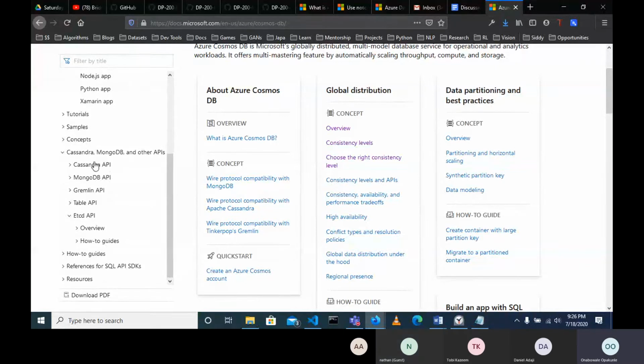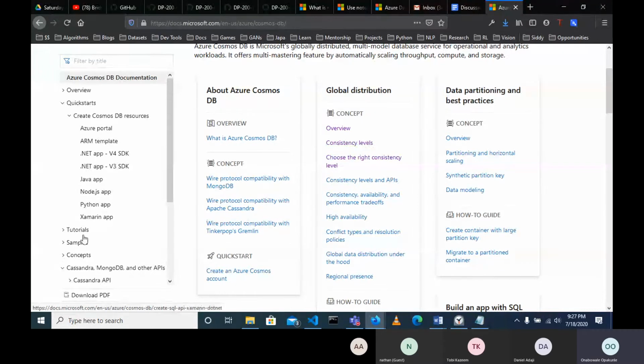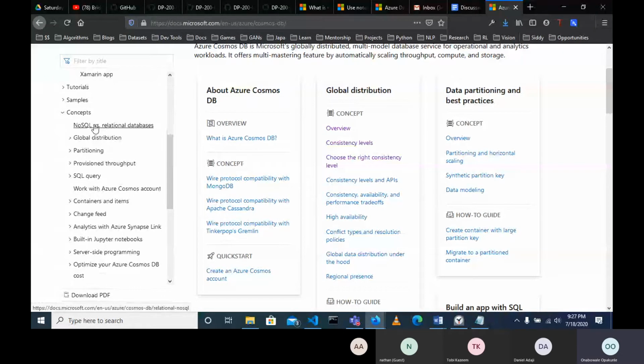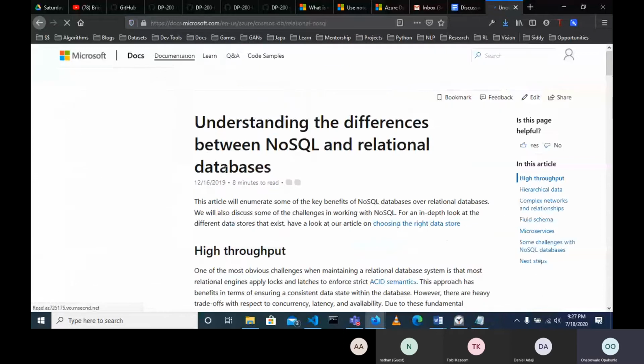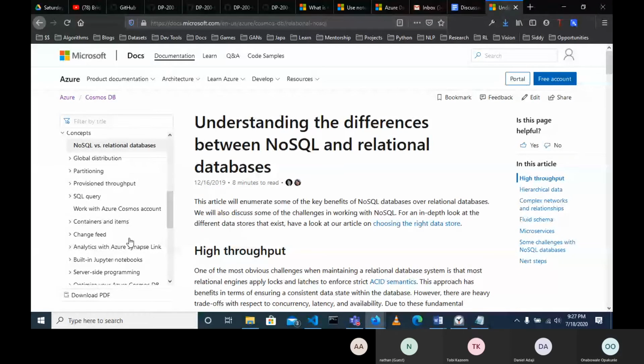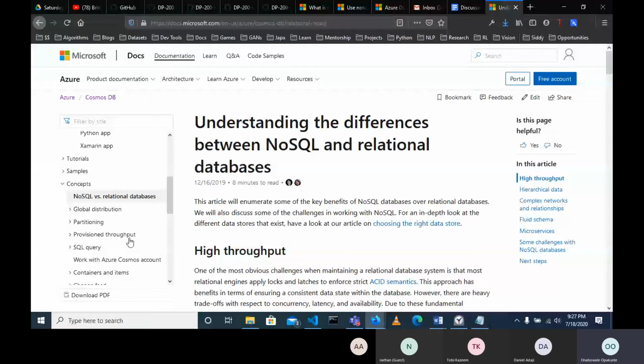Okay. Let me see the concepts. So I'm guessing we all know the difference between structured relational databases and non-structured databases. So what exactly is Cosmos DB?